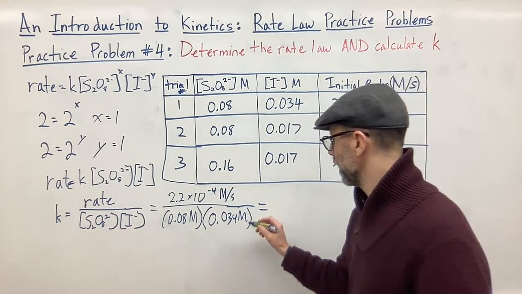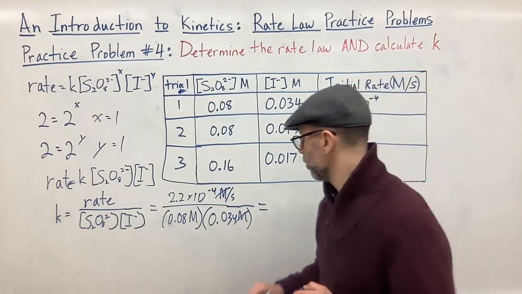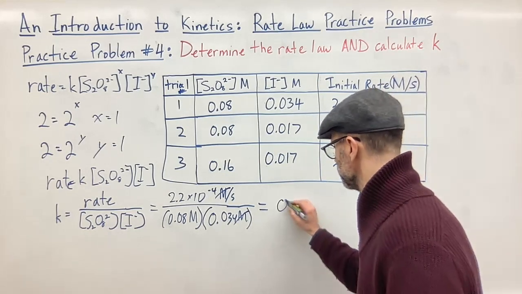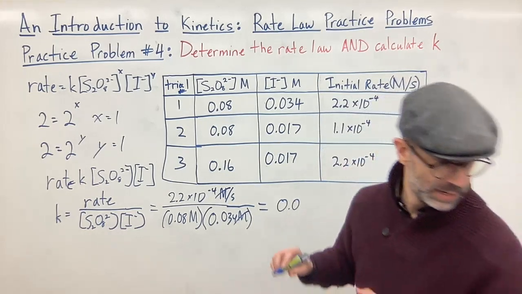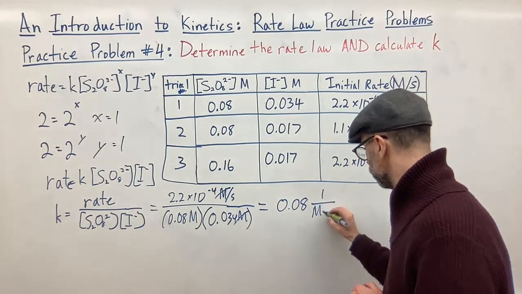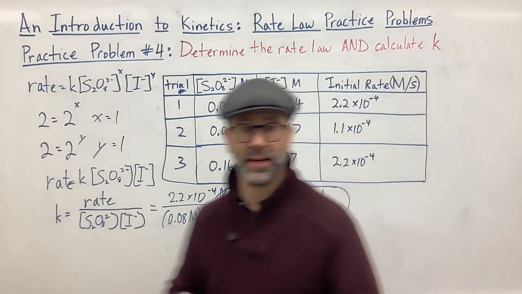And we have to cancel out our units. The answer is going to be 0.081 over molar seconds. And that is our K constant.